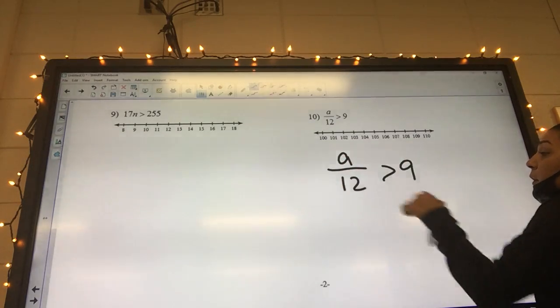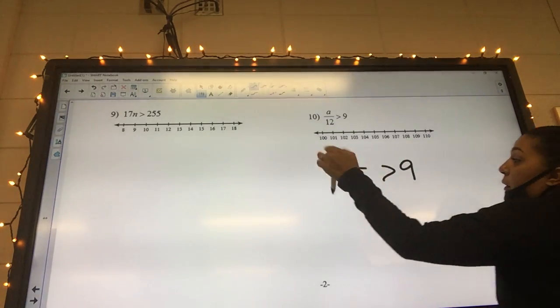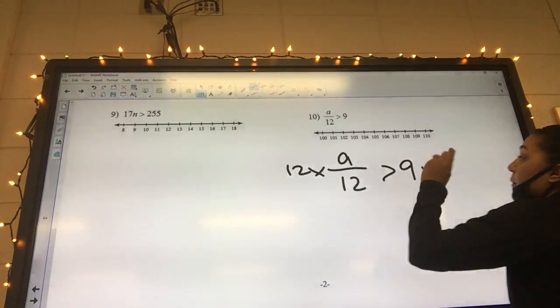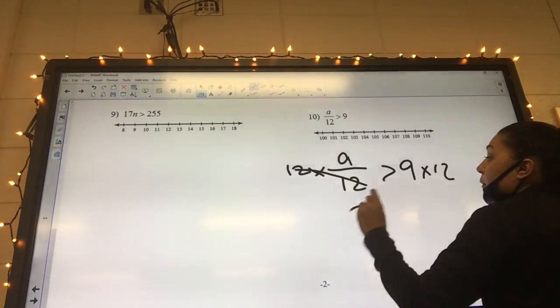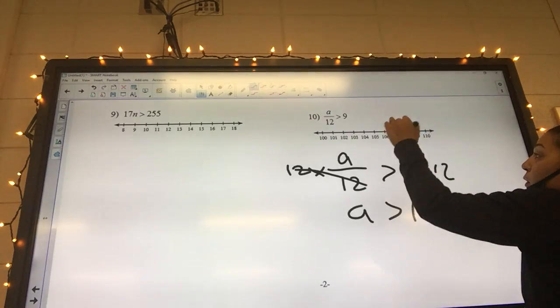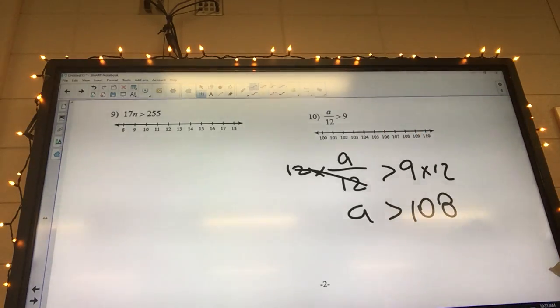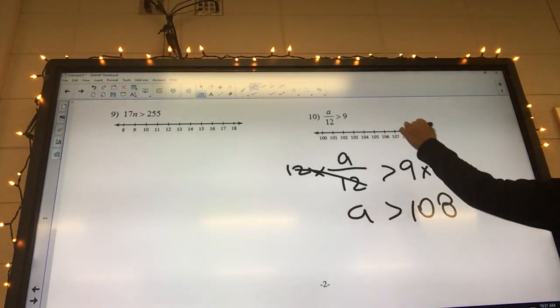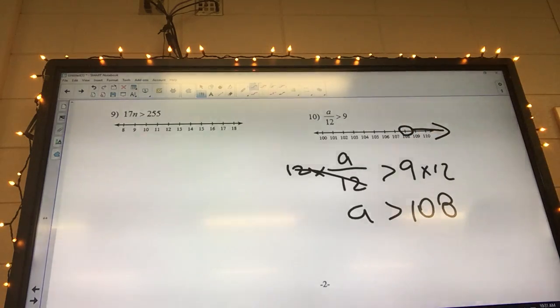Because divide means times. Yeah, so right now we're dividing, so we're going to times it. That's 12. So is it going to be open or closed? Open. Right. To the right.